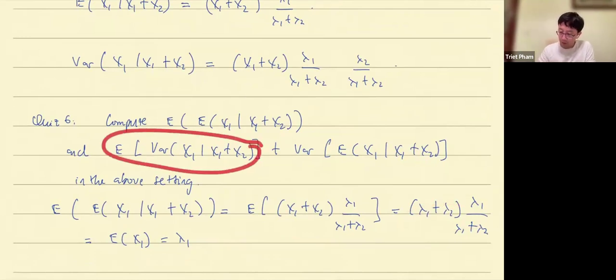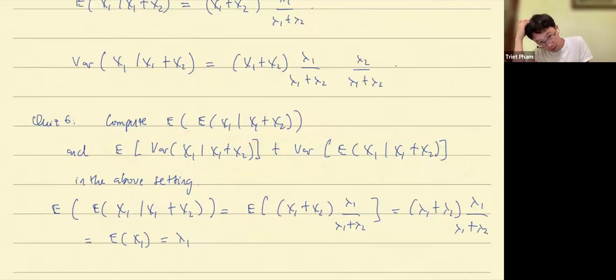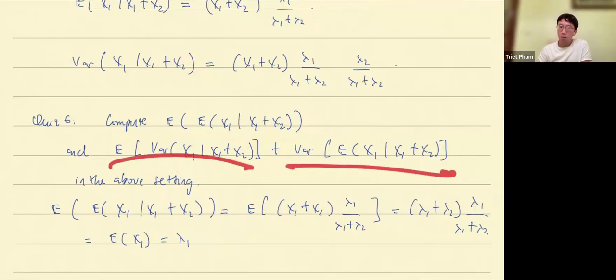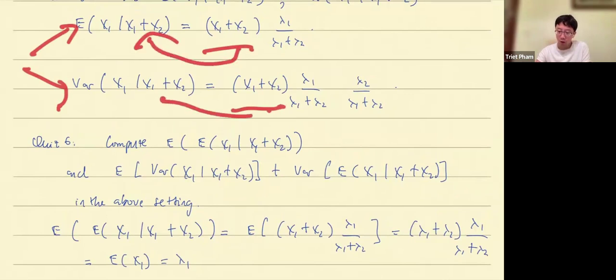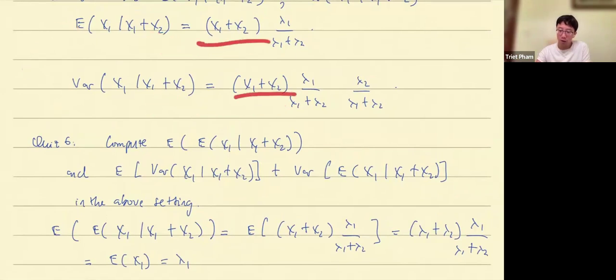Now, what about this? The first thing to note with this funky expression is that conditional expectation and conditional variance are just random variables, built out of what you condition on.